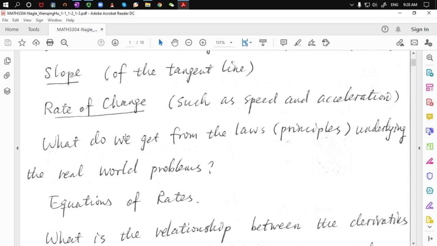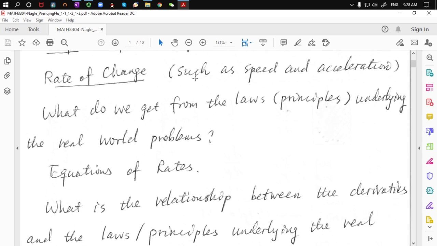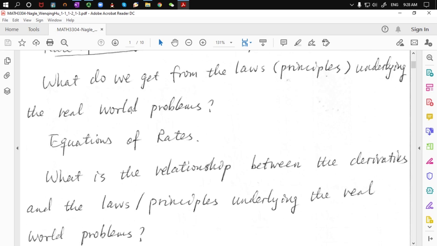So what does a differential equation mean? It means that you have a law or principle underlying the real world problem, so you're going to relate the rates. Differentials can represent the rate of change of a certain quantity, so we are going to have equations of the rates.